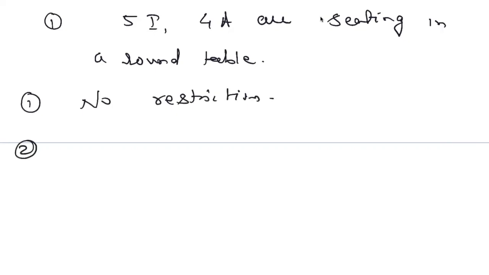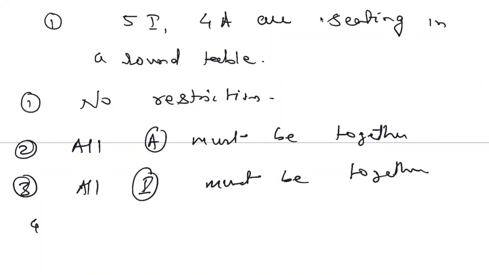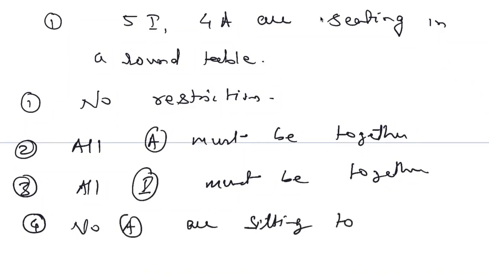Second condition, all Australians must be together. Third condition, all Indians must be together. Fourth condition, no Australians are sitting together. Only the fourth, try this.